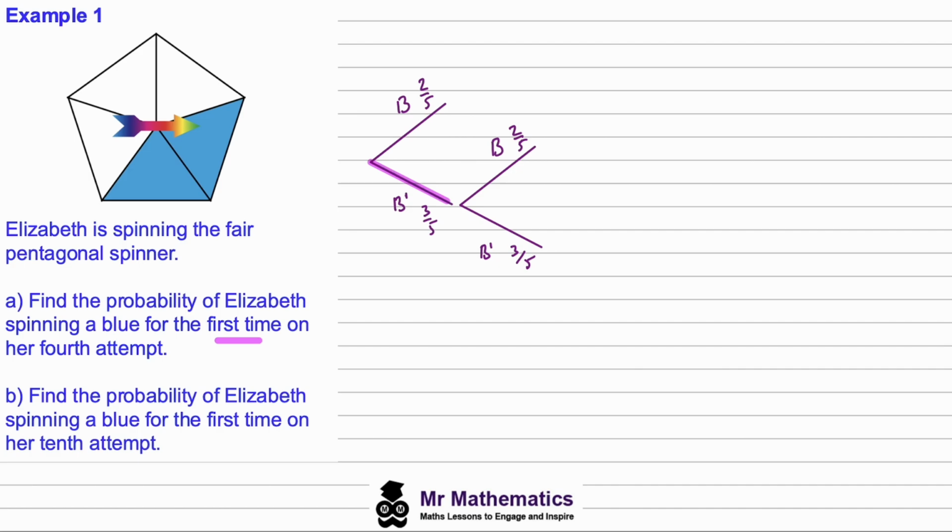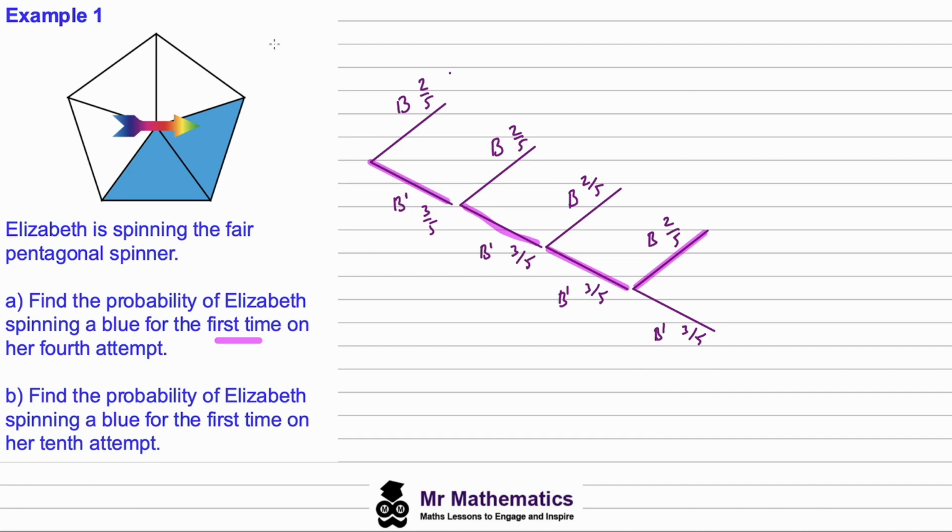And we know yet again she does not get a blue. So then we'll move on to the third attempt, where again probabilities are constant. So blue is 2/5, not blue 3/5. And we know again she does not get a blue. But then on the fourth attempt, we're told that she does get a blue. So that'll be this branch.